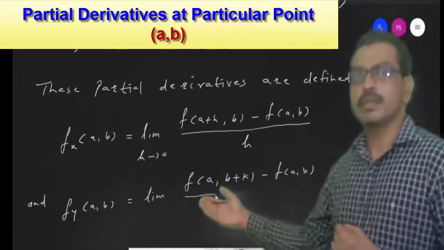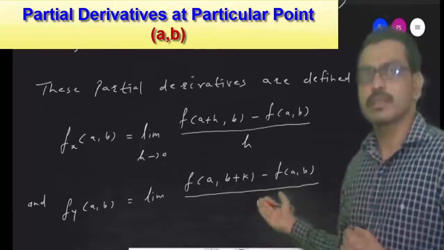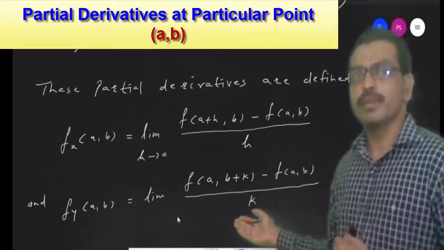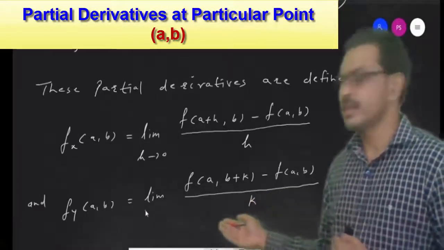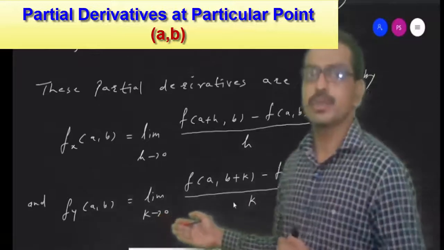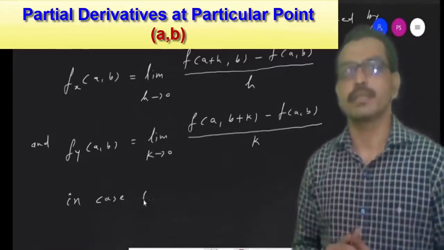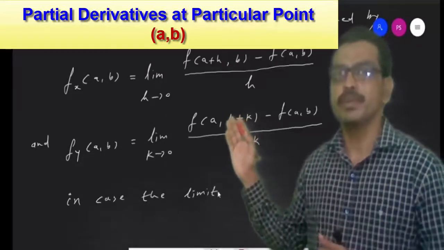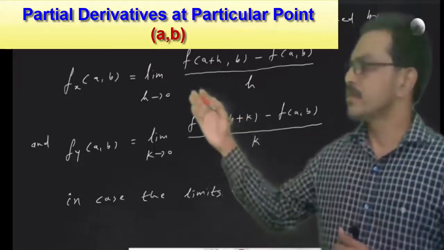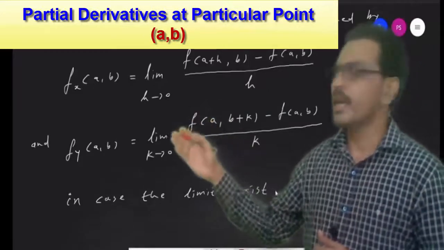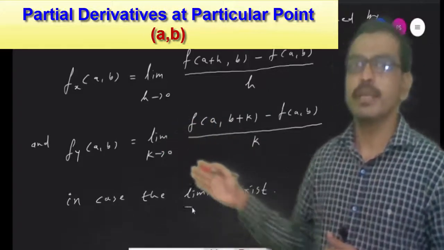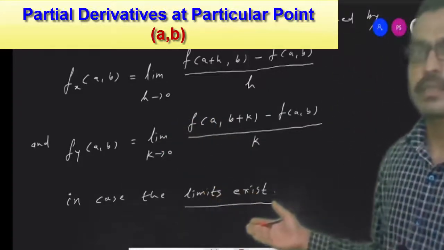Here the point a is fixed. In case the limit exists, these partial derivatives are defined as f_x at the point (a, b) and f_y at the point (a, b).